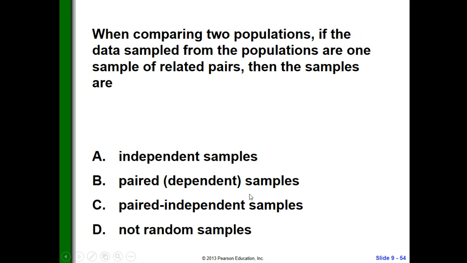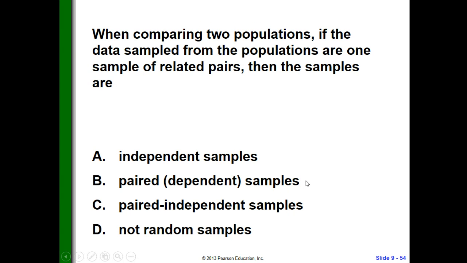That looks simple. When comparing two populations, if the data sampled from one of the populations are one sample of a related pair, then they are paired or dependent samples. This can be before and after.